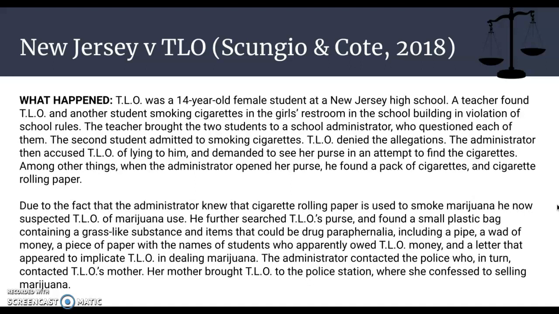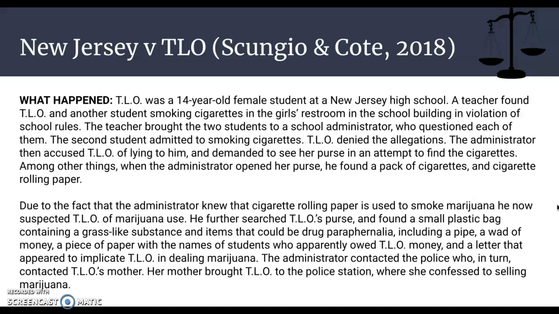The administrator then accused TLO of lying to him and demanded to see her purse in an attempt to find the cigarettes. Among other things, when the administrator opened her purse, he found a pack of cigarettes and cigarette rolling paper. Due to the fact that the administrator knew the cigarette rolling paper is used to smoke marijuana, he now suspected TLO of marijuana use.